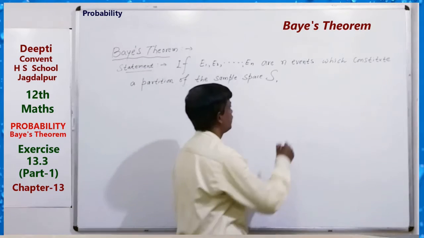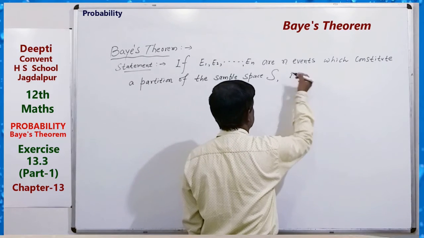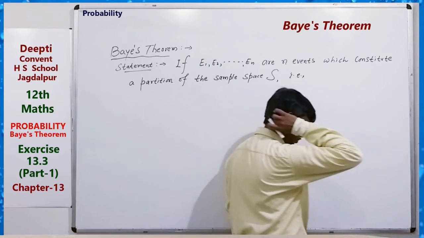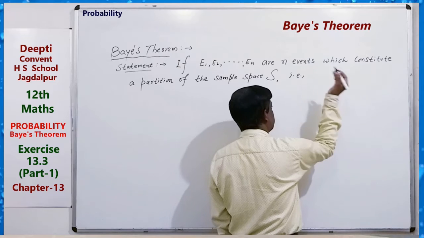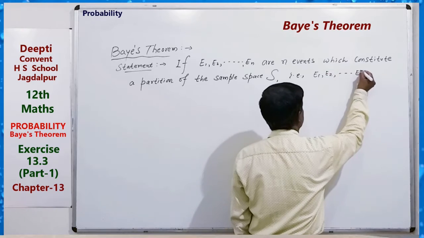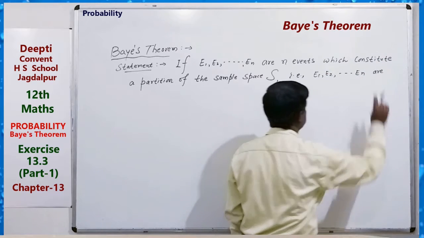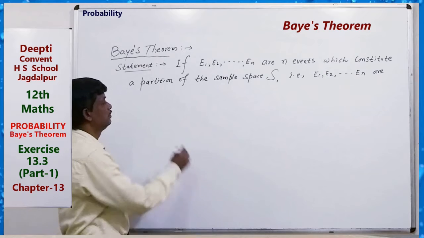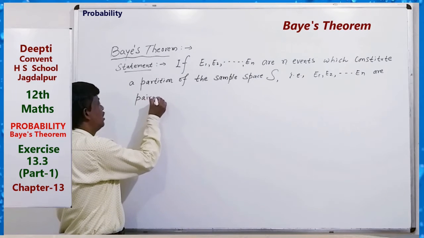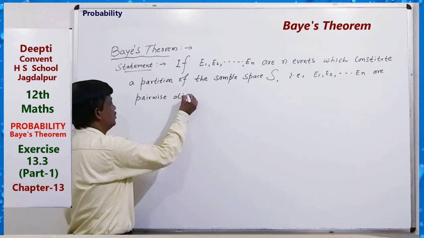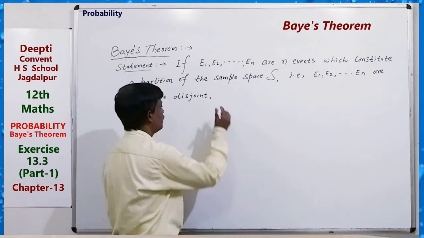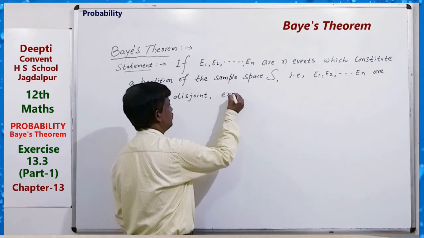Partition means what? That is, E1, E2, ..., En are pairwise disjoint and exhaustive.